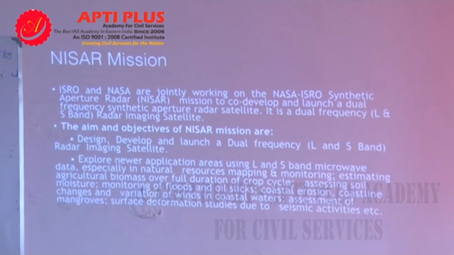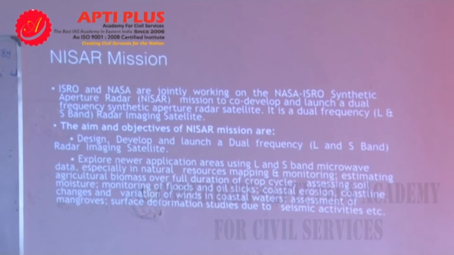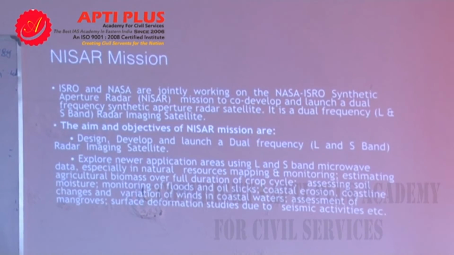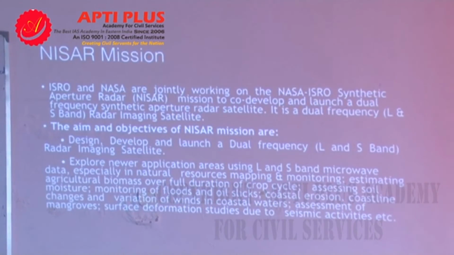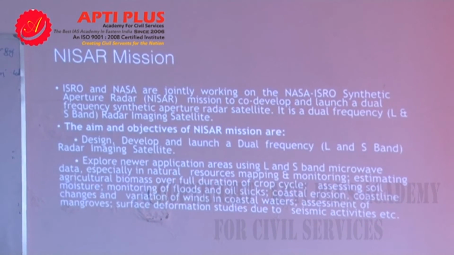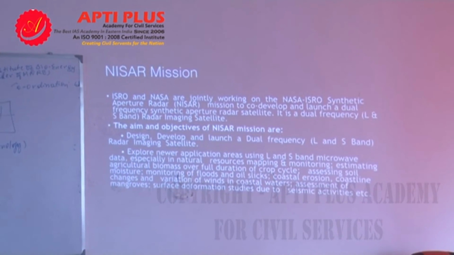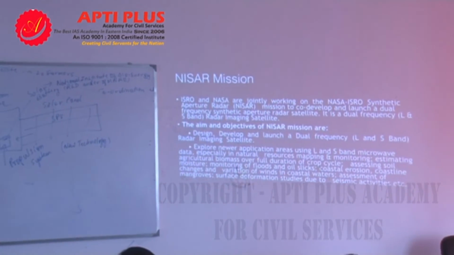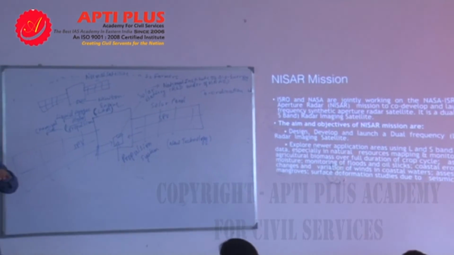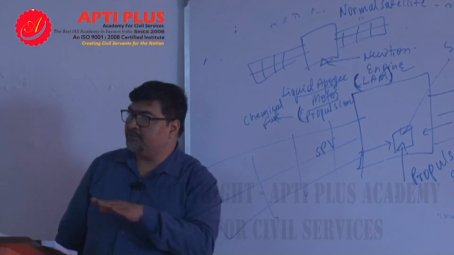If a question comes in this year's exam, how will UPSC ask it? One statement: India and US, or sometimes India and Japan; you should know who is collaborating. The second statement will be the objective. What is the objective of the satellite? Study of surface features, right? Natural calamities like earthquake, landslide, forest fire, any change in ecosystem, all mapping will be done.